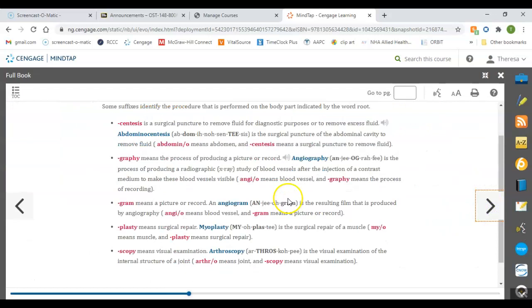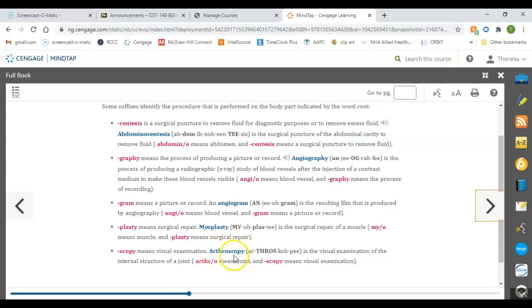And here's some more that are related to procedures, so you'll need to make sure you get each one of these on your cards. I would take a look at some of the words that it helps make and see how you can break those down. Arthroscopy is broken down to arthro and scopy. And scopy means to visually examine. Arthro means a joint.